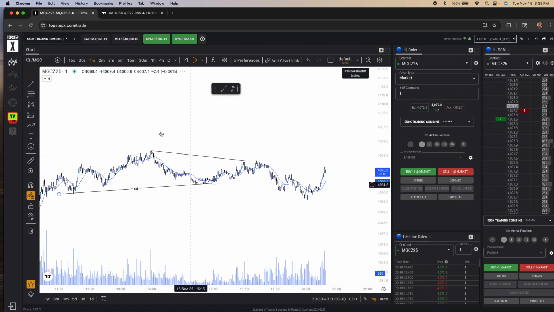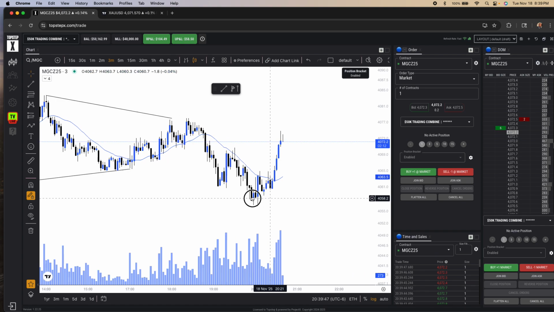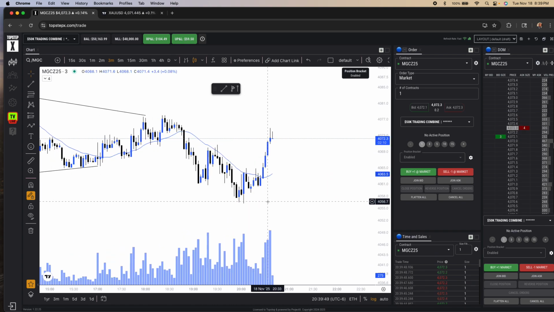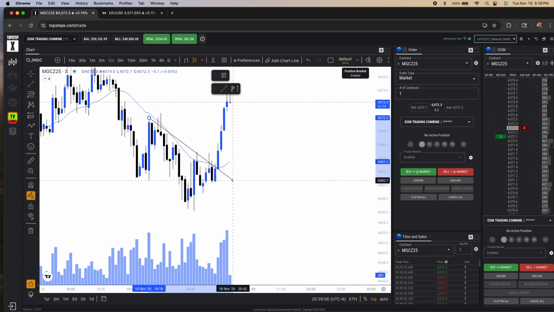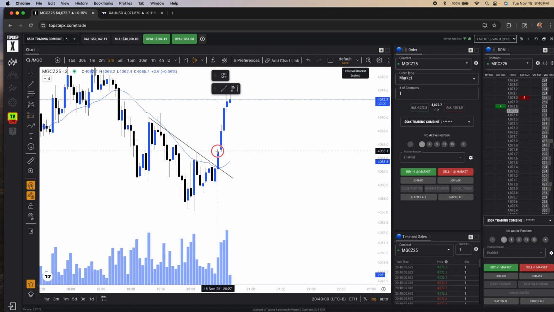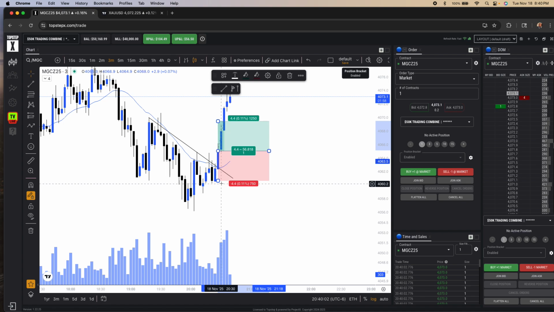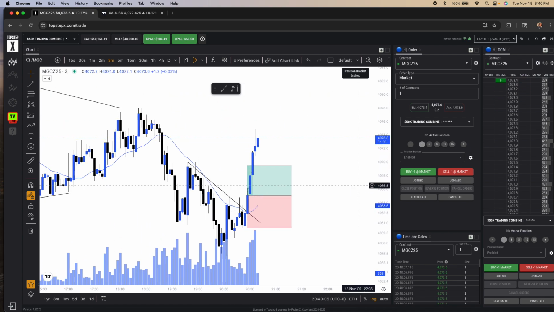So seeing that on the 1 hour time frame, we can go to like the 3 minute or even the 5 minute, and we can just see this 3 minute trend line right here that's starting to build up. And you can easily just wait for a break of this, connecting some of the highs, and that's pretty much the setup right there. And stop loss below here or even here, and then take profit.